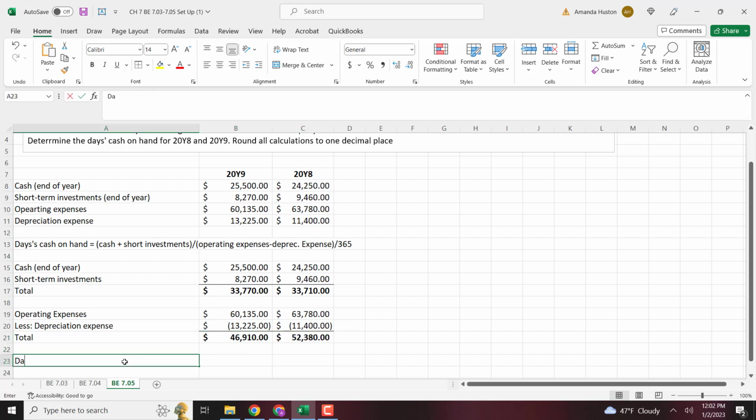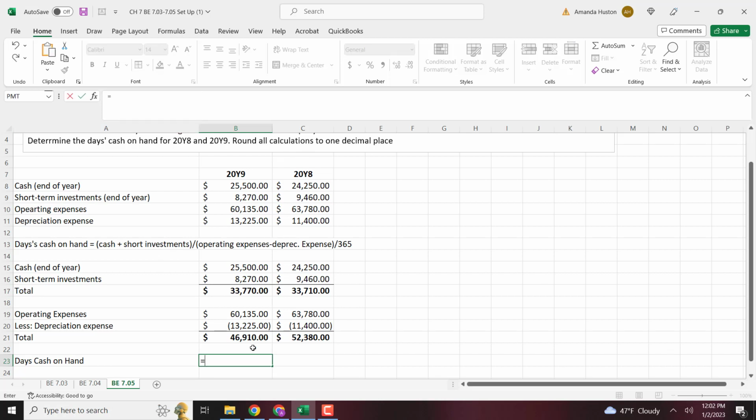Okay. Days cash on hand equals this, divided by this, divided by 365.